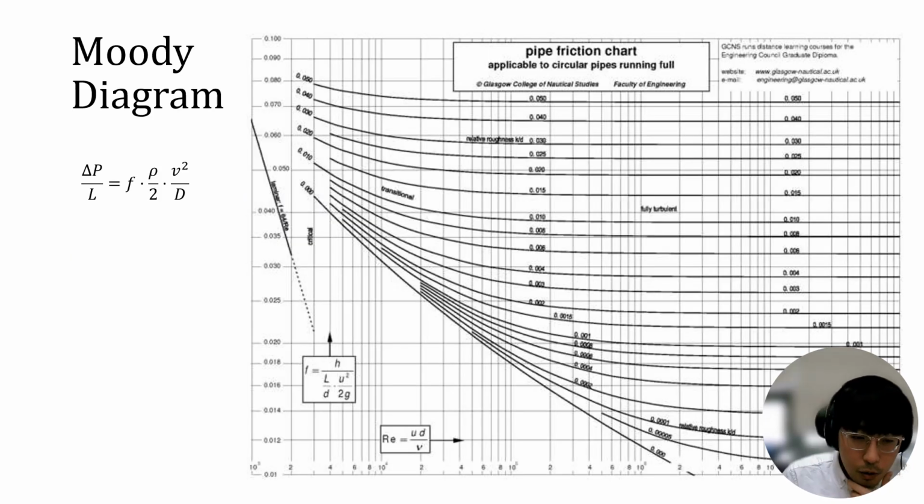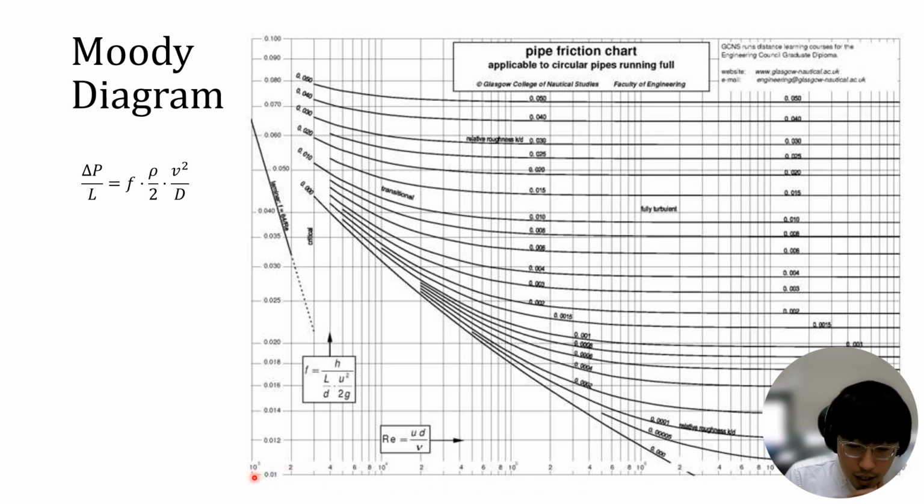And on the left-hand side, we have the same Darcy-Weisbach equation, and this f is going to be 64 over Reynolds number. But in case it's a turbulent flow, then we have to use the Moody's chart. And on the right-hand side, we have a Moody's chart. Please note that the y-axis indicates the f, the Darcy friction factor, and the x-axis indicates the Reynolds number.